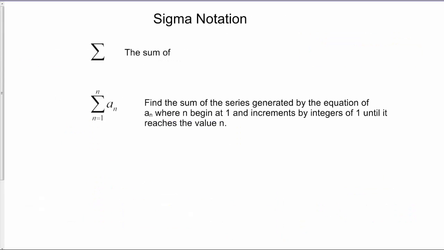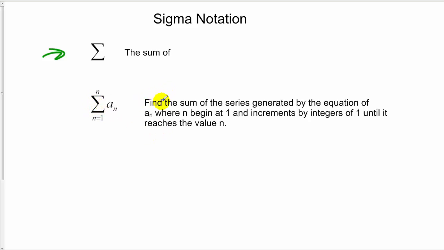When we talk sigma notation, this is a Greek letter sigma here. And in math, it means the sum of, or find the sum of. A typical sigma notation setup is the following, which says as n goes from 1 to n of a sub n, add everything up.